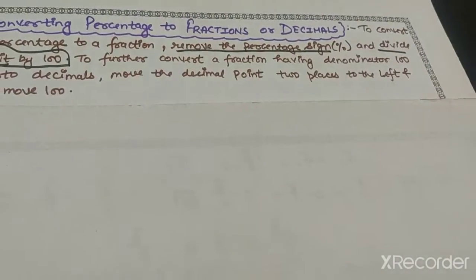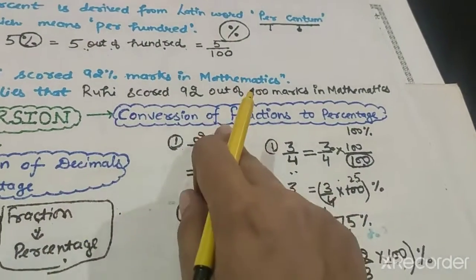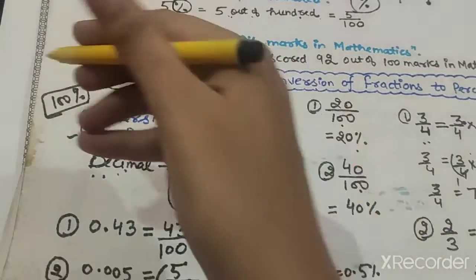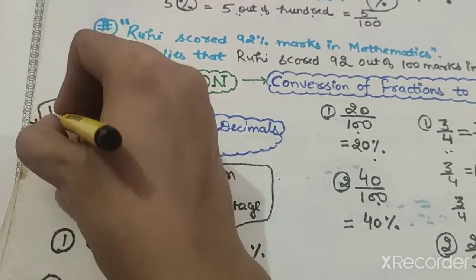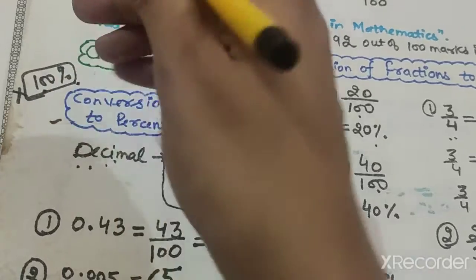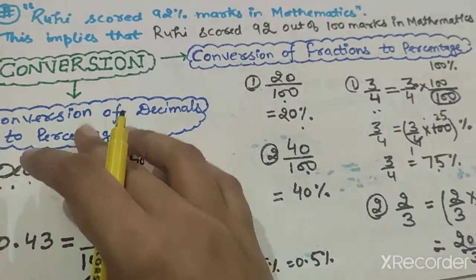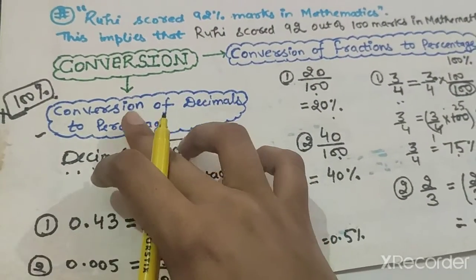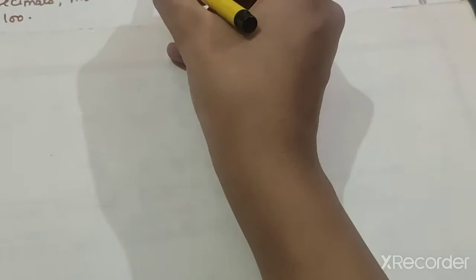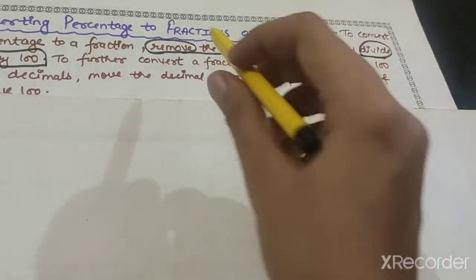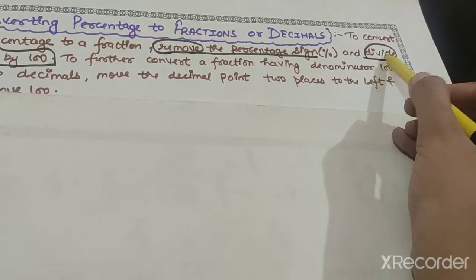Remember that, beta. When we are converting fractions or decimals into percentage, we multiply by 100 and write down the percentage sign. But when we are doing the opposite process, that is percentage into fractions or decimals, we remove the percentage sign and divide by 100. In that we were multiplying, but in this we will divide.